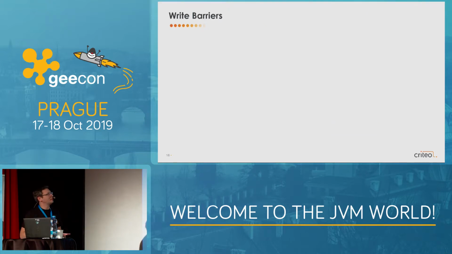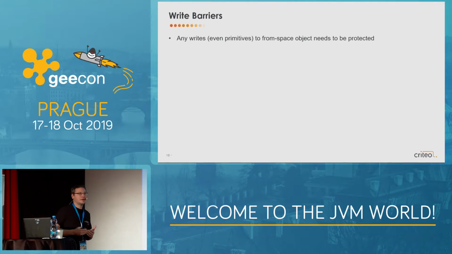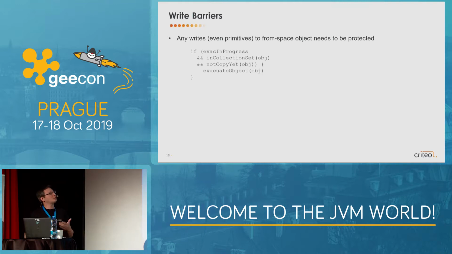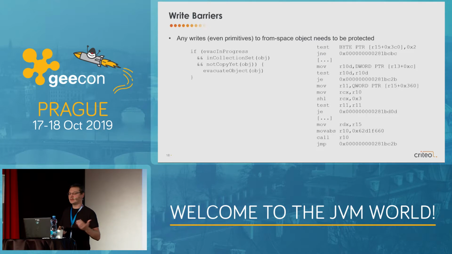So we have write barriers to ensure this invariant. And for any write, even for primitives, we need to protect and handle the case where we write into the from-space and need to write into the to-space. So the JIT will emit code for the barriers, this kind of pseudocode that was emitted by the JIT. The real code is here.